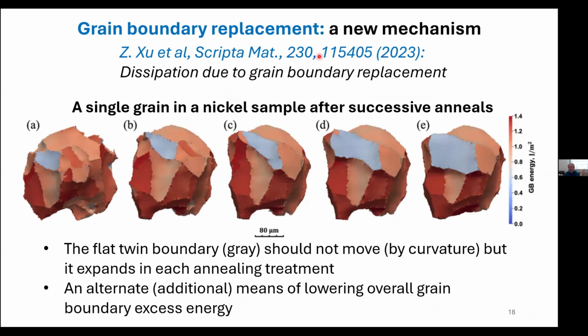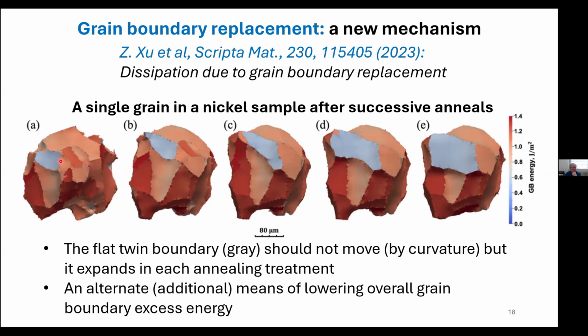So since that Science Magazine negative statement, we've published a couple of papers through further analysis, and this is one in Scripta, in which we propose a grain boundary replacement mechanism that would take place with annealing. And that's illustrated here with this one individual grain in 5 anneal states.